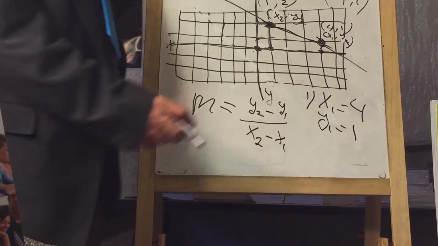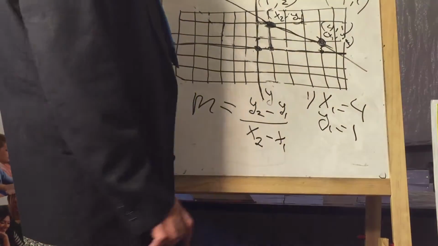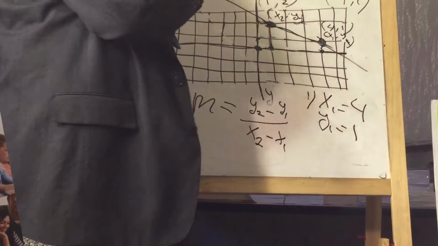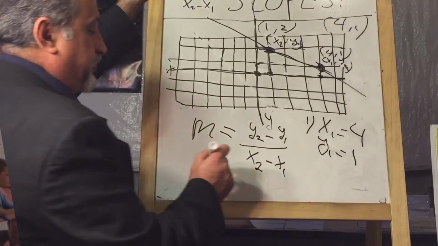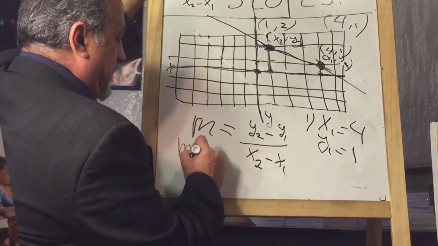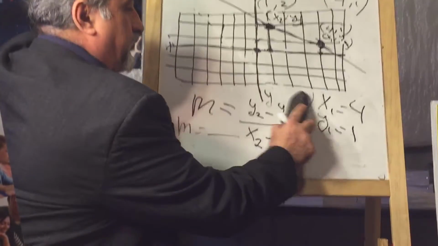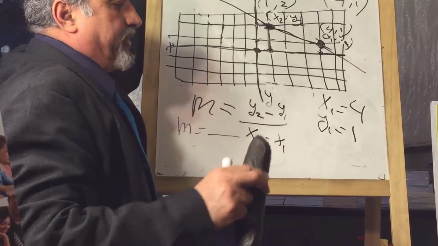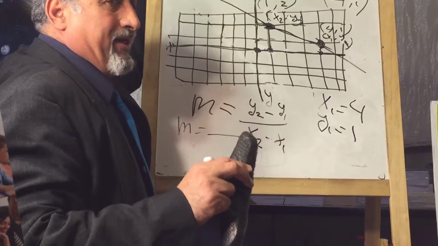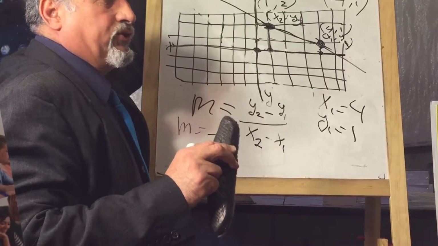So we have x1 is 4, y1 is 1, x2 is 1, and y2 is 2.